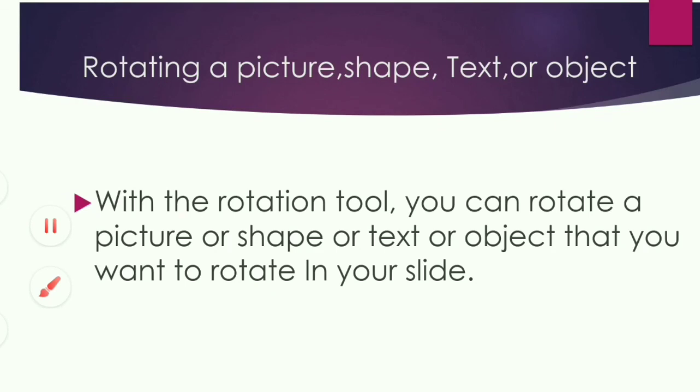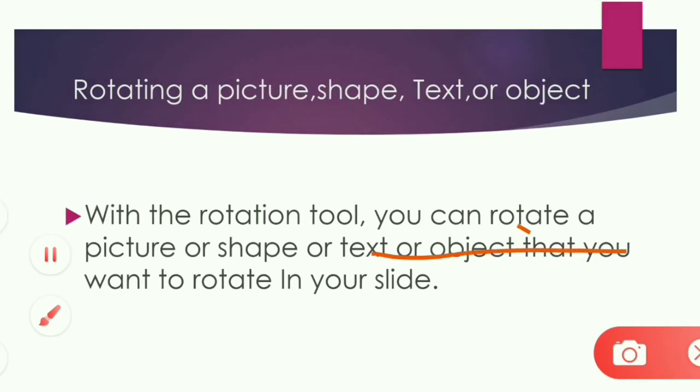Means if you want to show the object or any picture from the left side, then you can rotate it to the left side. If you want to show the right view of that picture, then you have to just rotate it from the right side. Let us see how we can rotate the picture, shape, text or object in your slide.